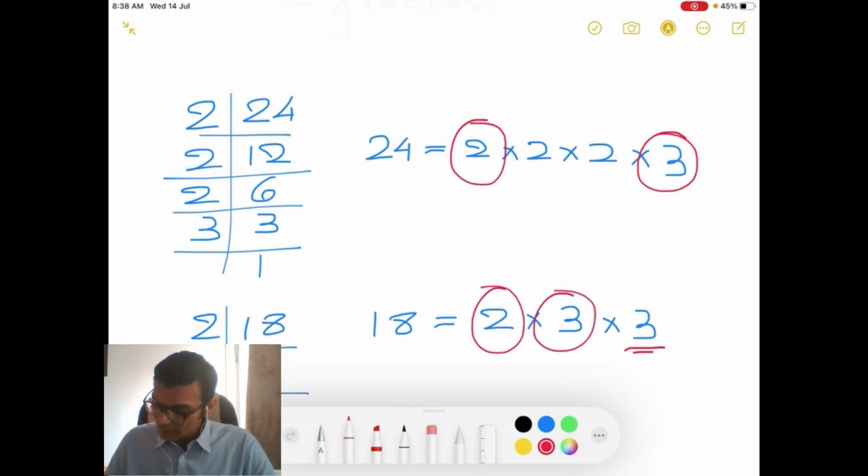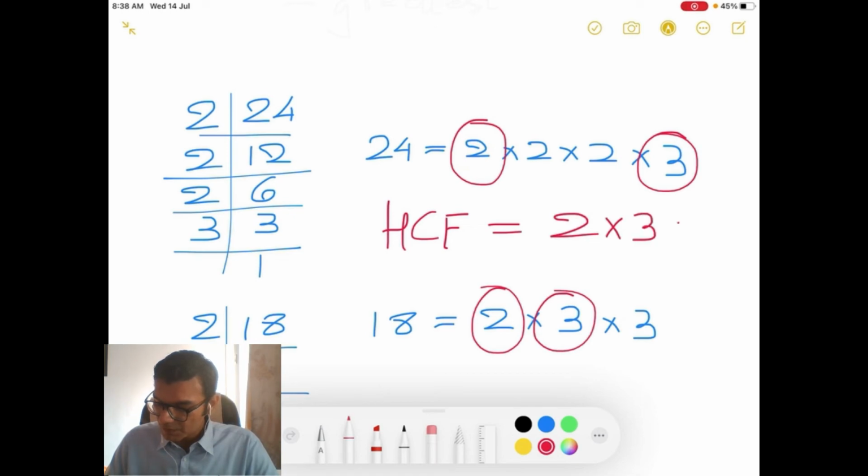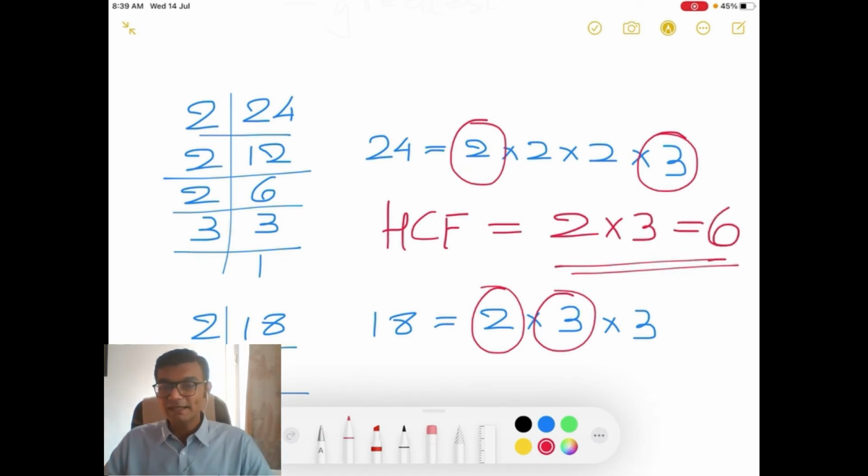There's one more 3 in 18, but it is not there in 24, so we are not going to look at that. So the 2 common factors that we have here, HCF of 24 and 18, will be 2 times 3, which is equal to 6. So that is how we find the HCF.